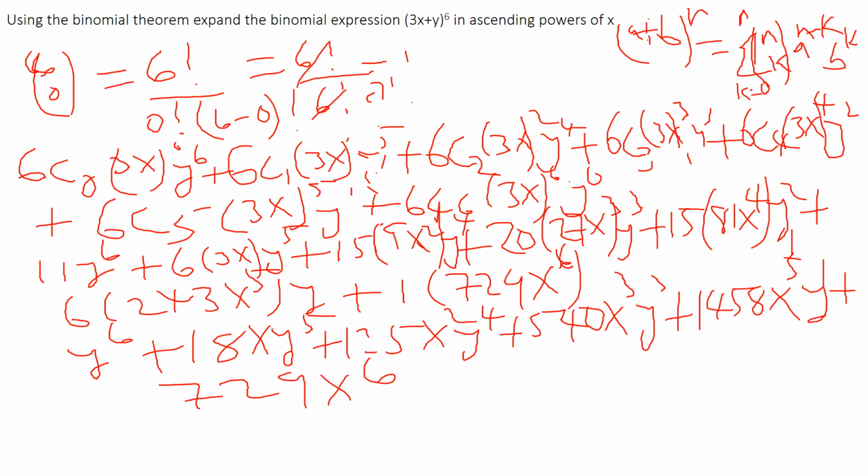So next, let us try to evaluate a numerical value. In this case we are going to solve for 15.1 raised to power 6. So the first thing, we can just equate the two. So we have 3x plus y raised to power 6 is equal to 15.1 raised to power 6, because we are going to solve the same numerical value, so we can cancel out the powers or the indices.